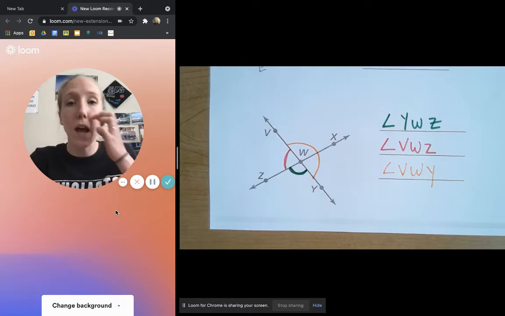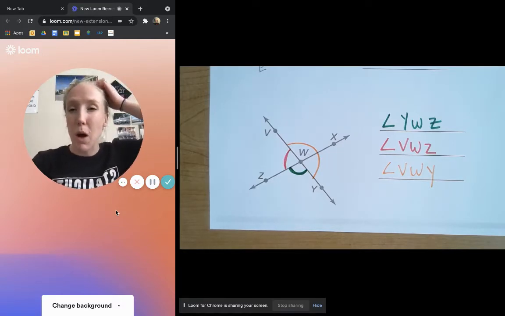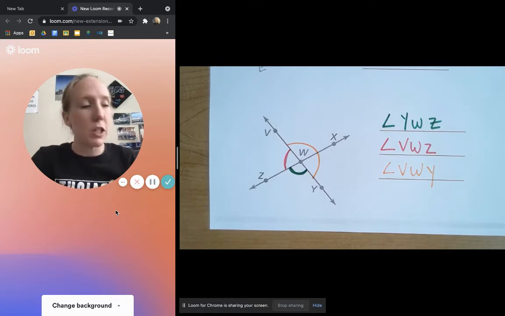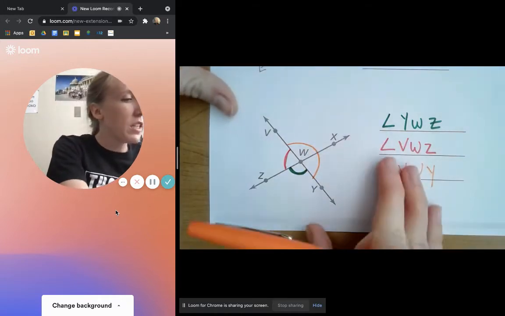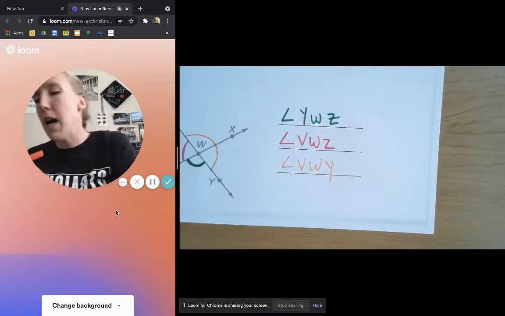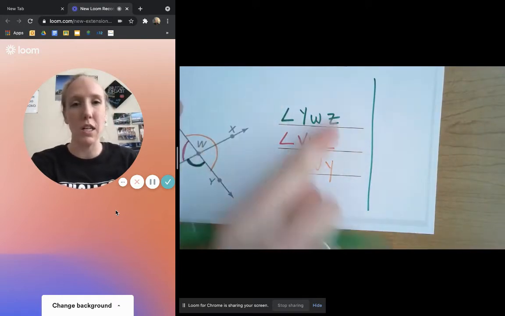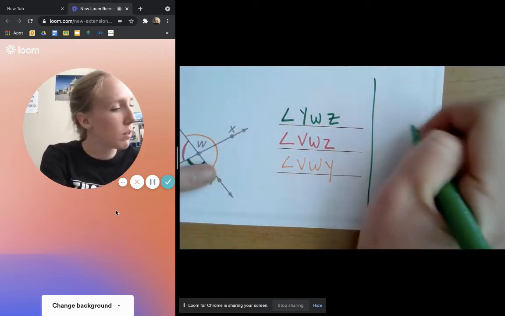Okay, so now that we know about angles and how to name them, we're going to talk about degrees and how to measure angles. One other thing I want to give you a heads up about is that sometimes we get to go a little bit easier than all this naming with letters.